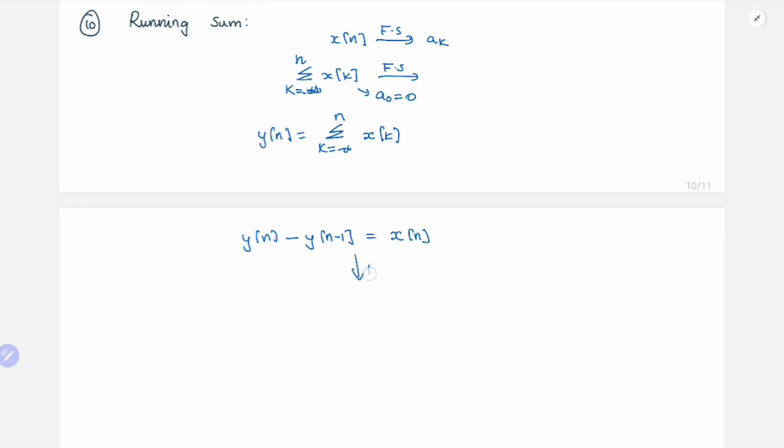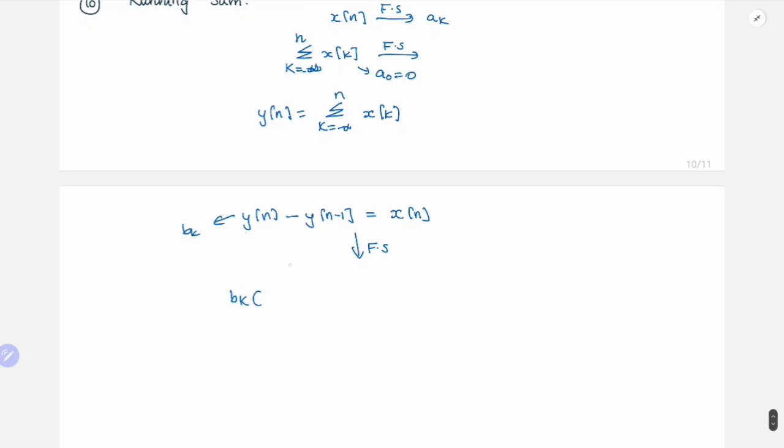So now if I take Fourier series on both sides, let me call the coefficients of y, bk. So I'll get bk into, this is the first difference, 1 minus e power minus jk 2 pi over N, right? And what will be my xk? It is ak.